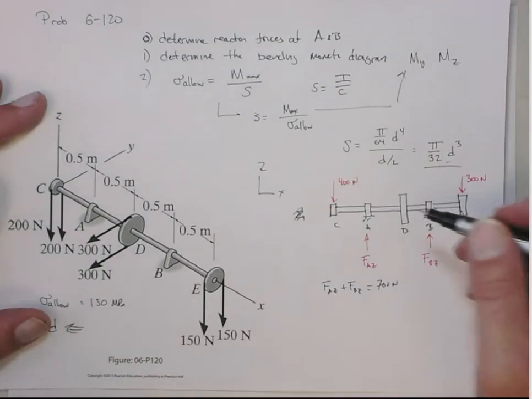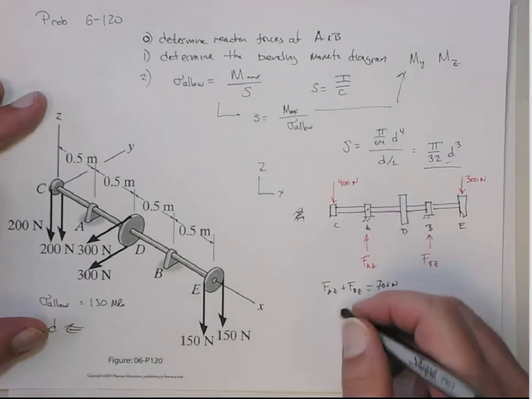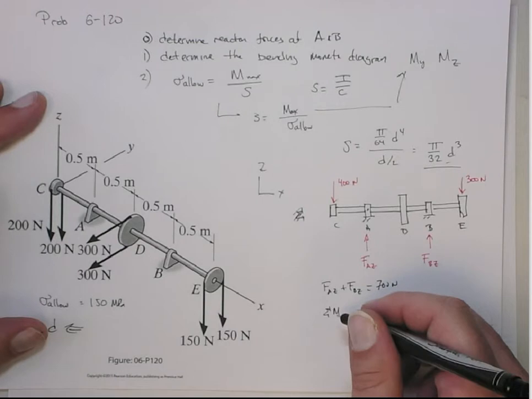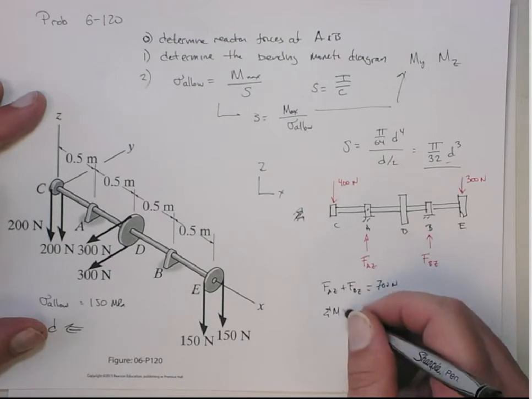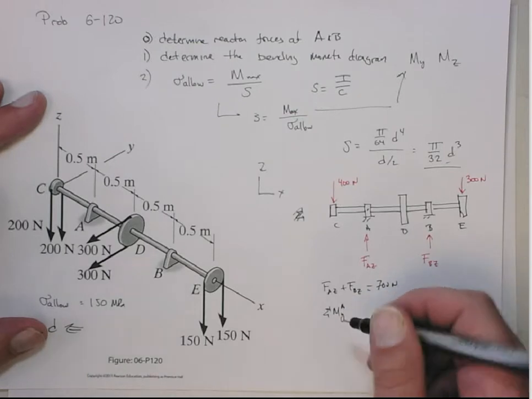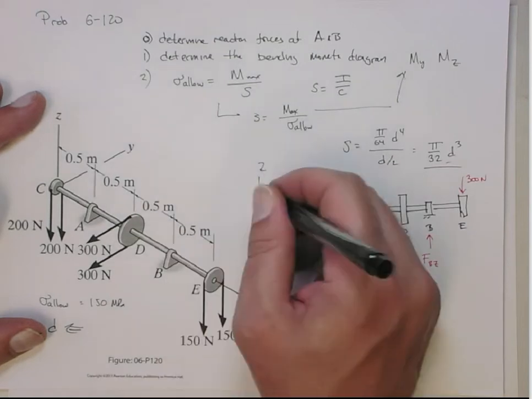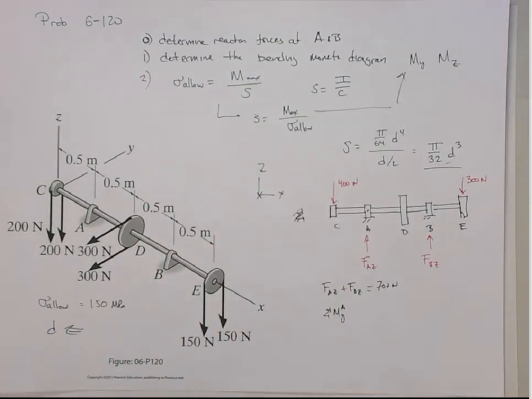And then let's do the sum of moments around point A. These are sum of moments about the y-axis and about point A. And if you look at the way this is, y is going into the page, right? That's the y-axis going into the page.